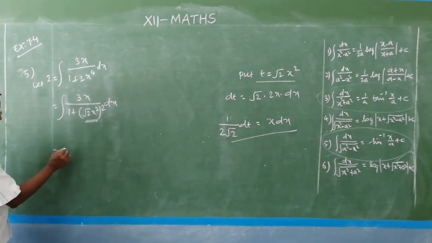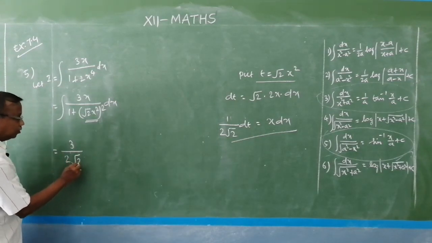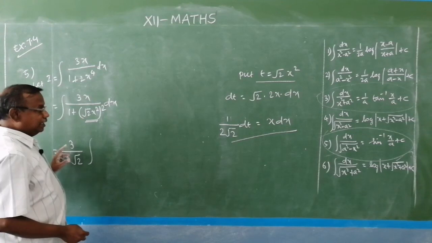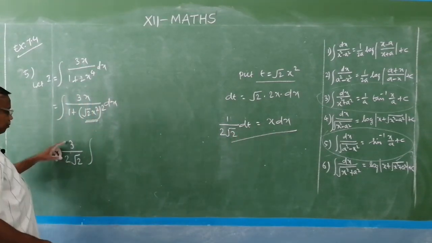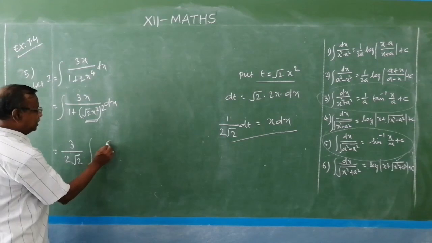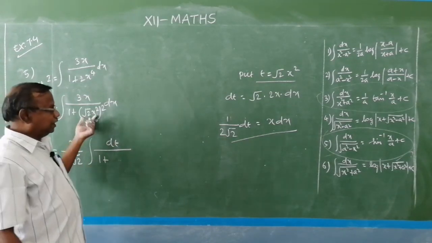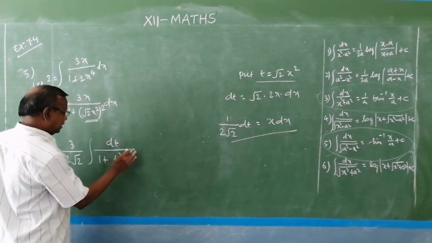The 3 can be taken out, 3 divided by 2 root 2, and instead of x dx we put 1 by 2 root 2 into dt, and dt divided by 1 plus t square.